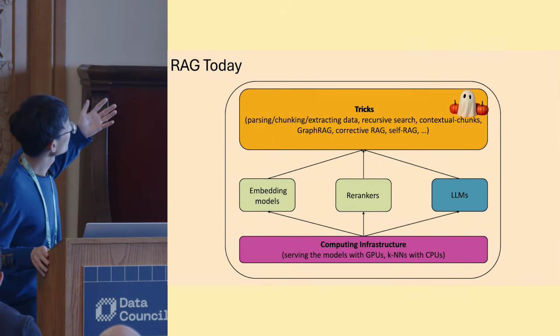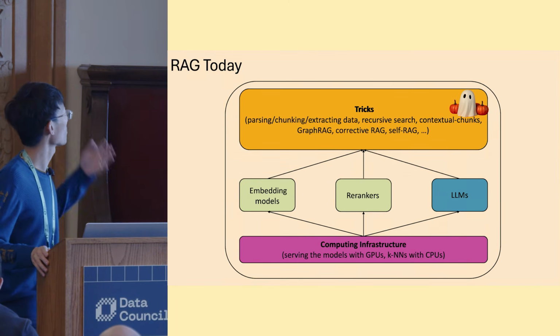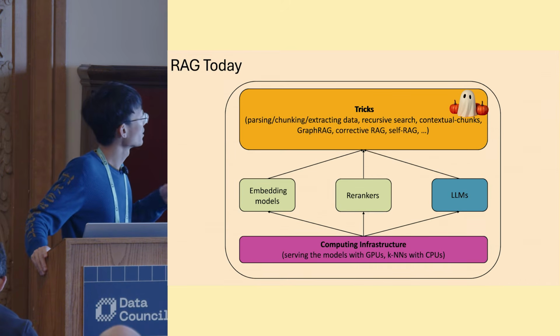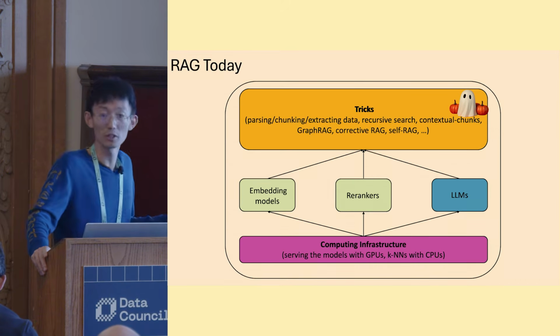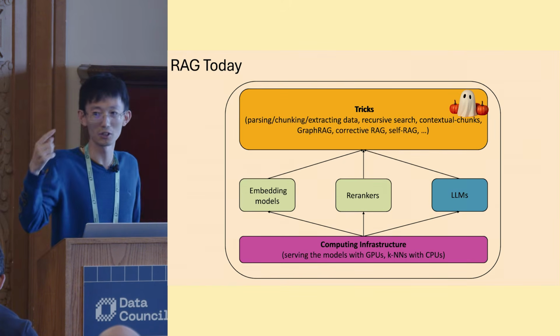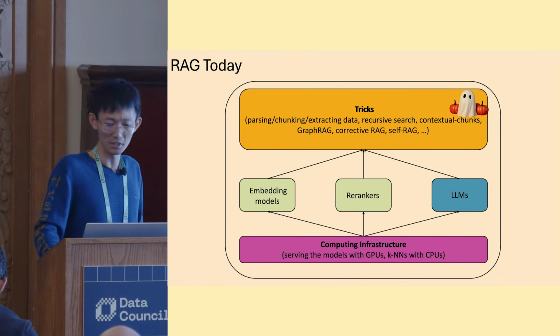Then people use a lot of tricks on top of these models: parsing, chunking, extracting data, recursive search, contextual chunks, graph RAG, and so forth. These are the complex multiple steps you have to iterate over to make the performance the best based on your own data.